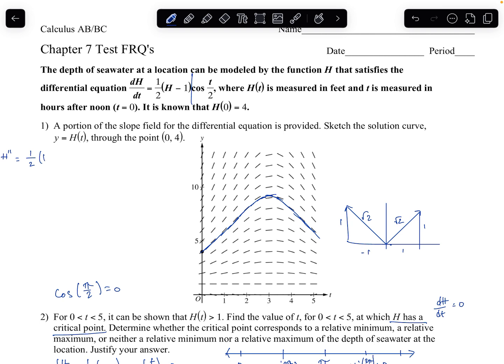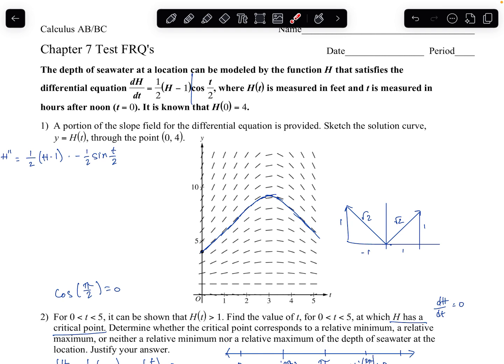So the first, which is 1/2 h minus 1 times the derivative of the second, and the derivative of cosine would be negative sine of t over 2. I think I'm going to have to multiply by 1/2. So negative 1/2 sine of t over 2.